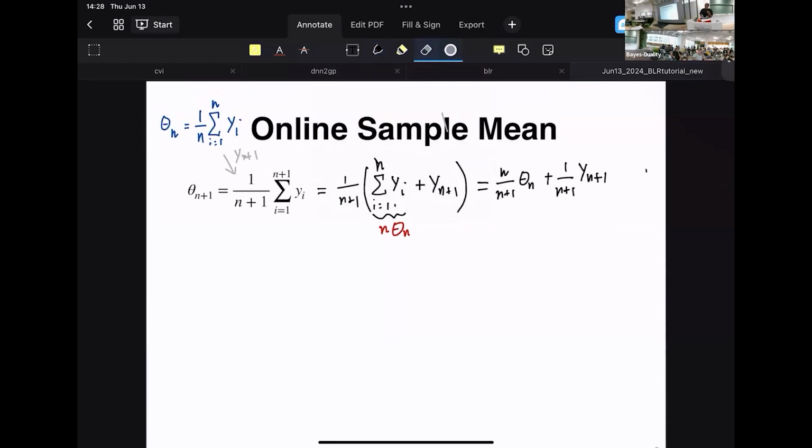But the other way to write this would be to write it as theta n plus 1 divided by n plus 1 times y n plus 1 minus theta n. Basically what I did is I added plus 1 and subtracted 1. And then n plus 1 divided by n plus 1 gives me this, and then the minus 1 goes in here. Okay? So there are two forms I wrote here, and they both seem kind of okay.